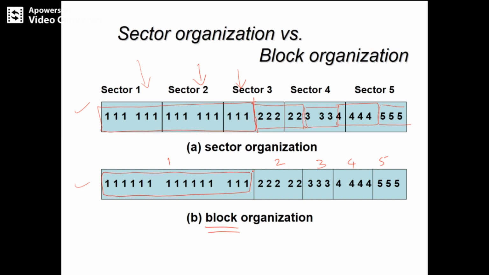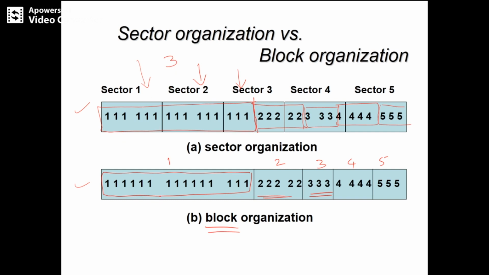Now if you see, the size of the block is not fixed. It depends on the data or record whatever you have. So that is user defined. Now the size of block 1 is very big compared to block 3, right? So that depends on the user, that depends on the data whatever you have. Now what is the benefit of block organization? If you consider sector organization, then you had 3 seeks in order to read record 1, isn't it?